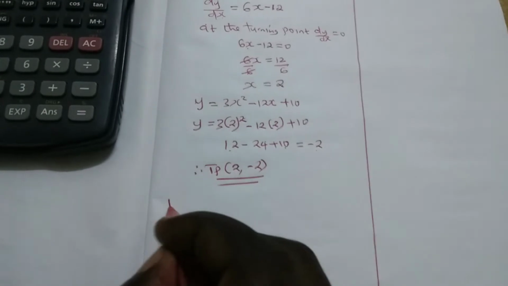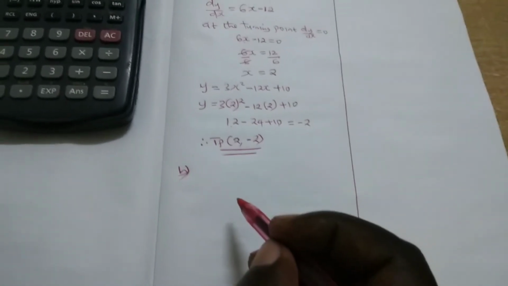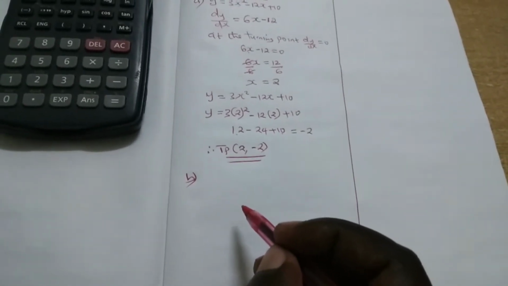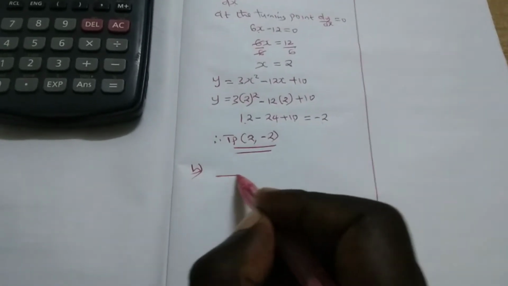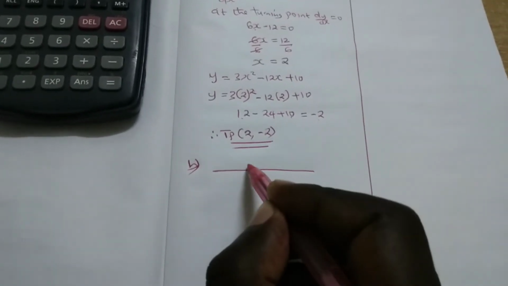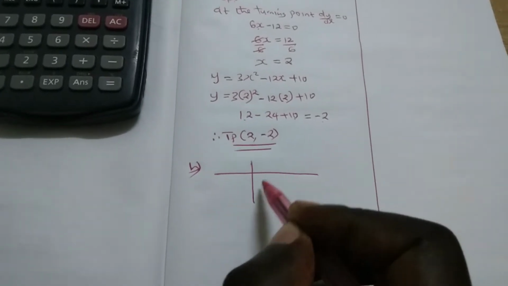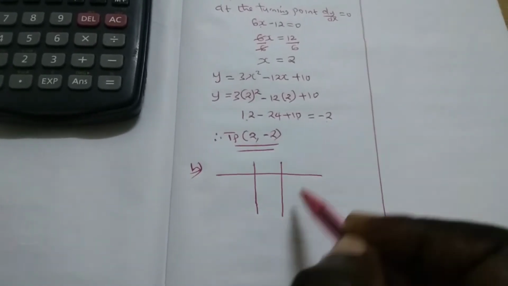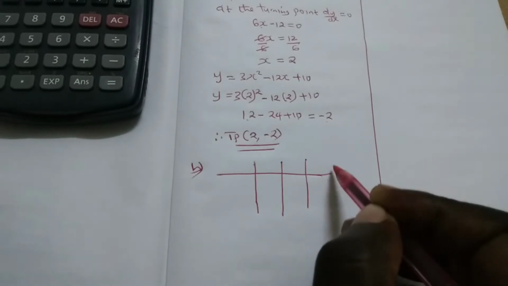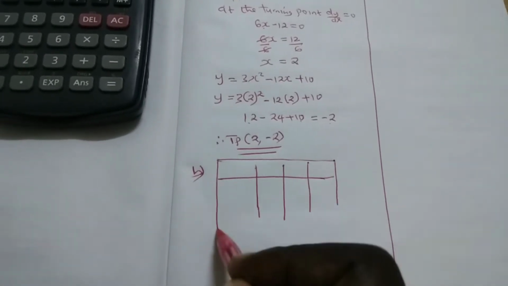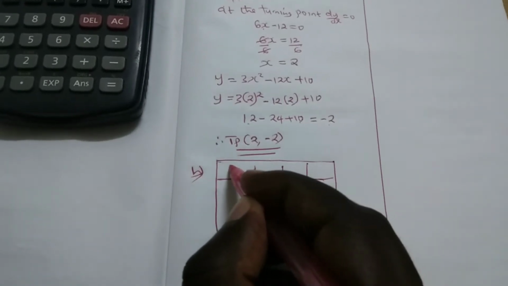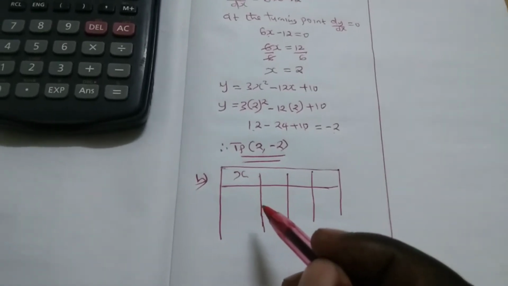What we do for part B, if you want to identify the nature of the turning point, is draw a table having 3 columns. This first row is going to be the values of x.